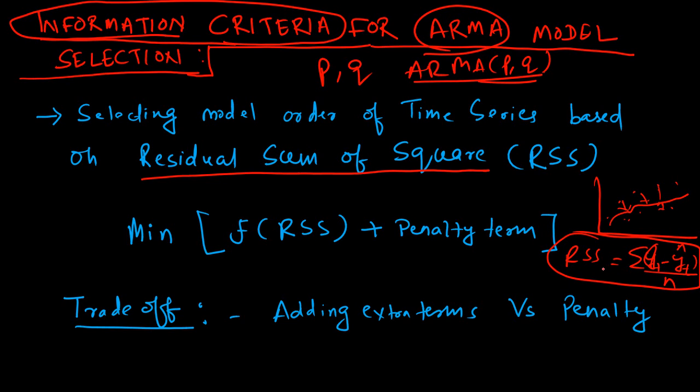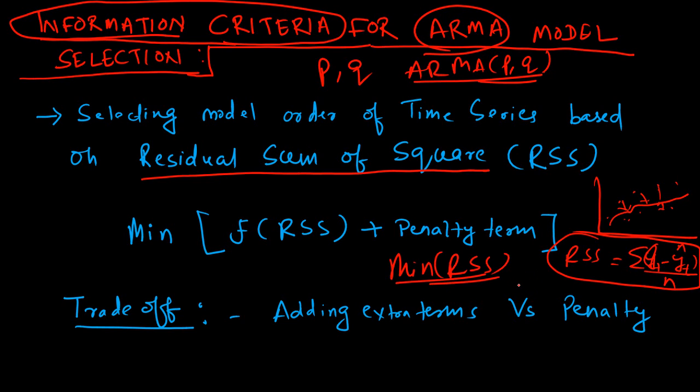So what it essentially means is that residual sum of square tells you how well your curve or line is fitting your data. We want that to be minimum all the time. So the model which gives the minimum RSS, minimum residual sum of square, is the best model, as we have learned from the regression theory, right?